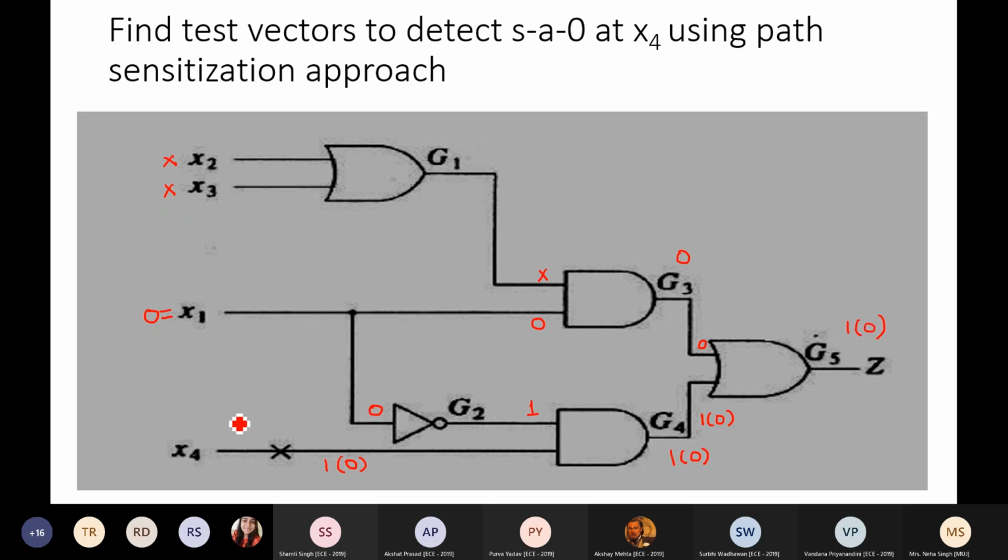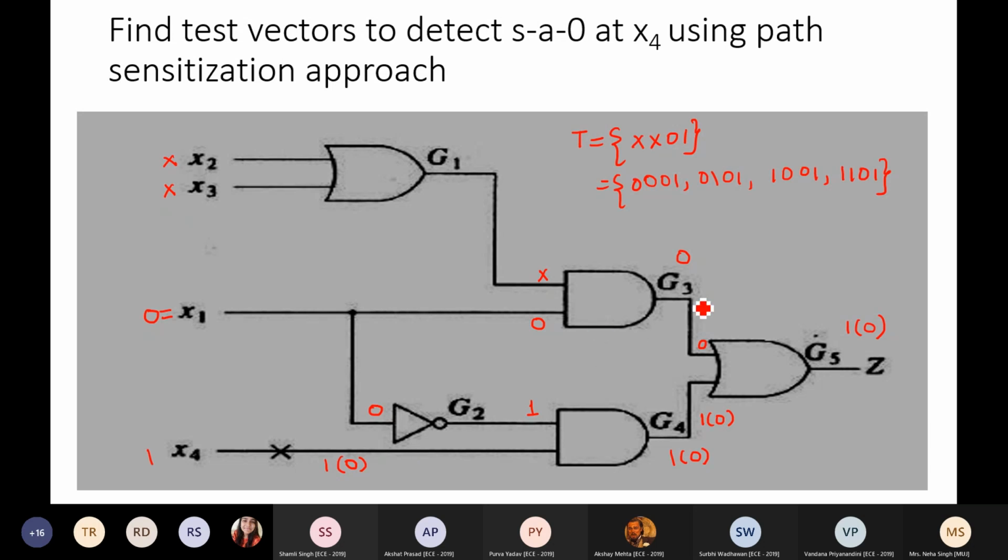What test pattern? This is actually 1. So what are the test patterns now? XX01, which I expand to 0001, 0101, 1001 and 1101.